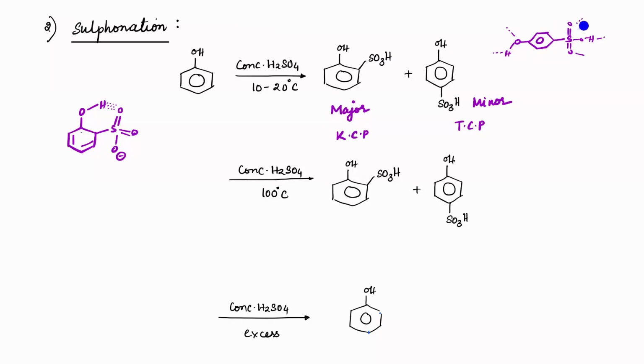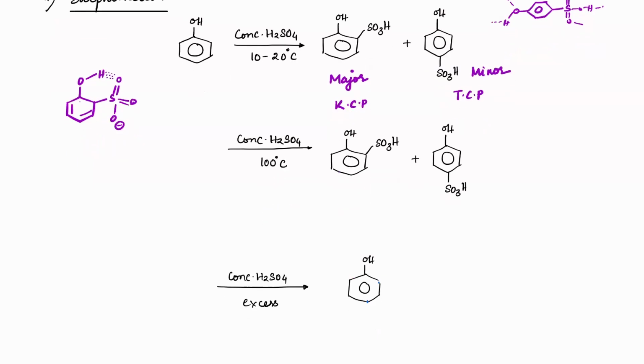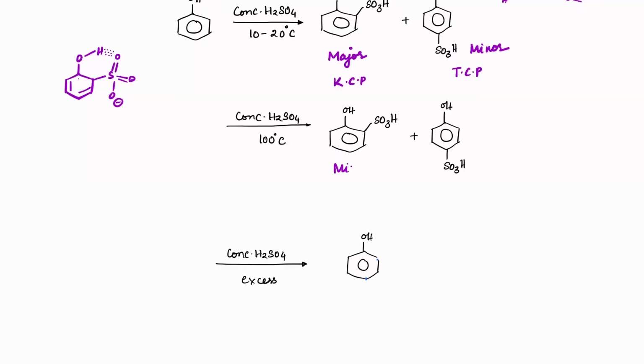So the total hydrogen bonding forming on a molecule is much more in the presence of the para position. Therefore, that is TCP. The minute you start heating strongly, you would notice that the KCP will become minimum and the TCP will start increasing its content, and that will be major. So that is TCP. This is what you would get.